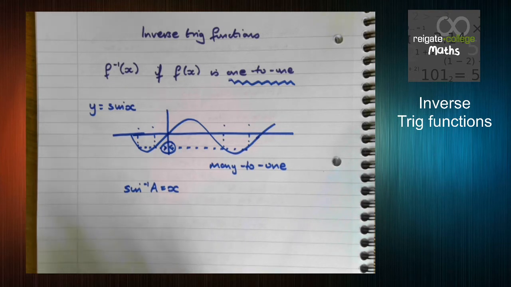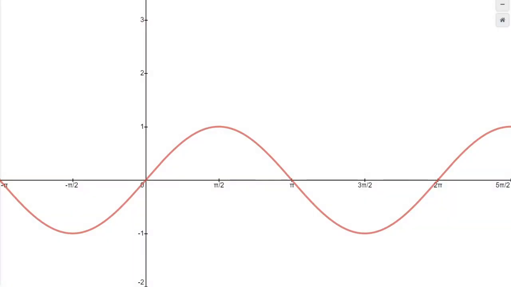Now, for the purposes of this video, we're going to work in radians, but obviously it all works in the same way in degrees. So let's have a look at the sine graph here. We can see that here's this many to 1 idea. We have many different values that will give us the same y value.